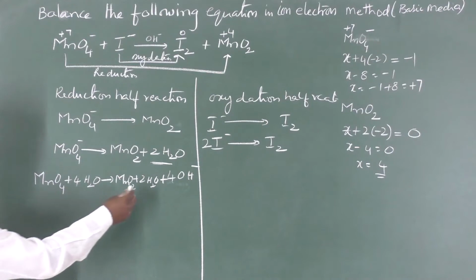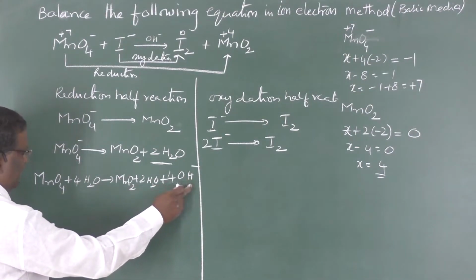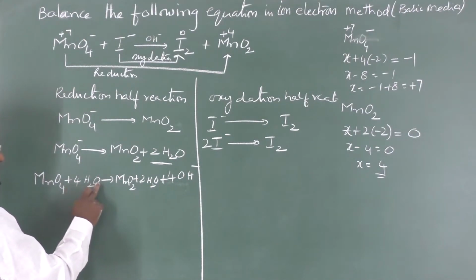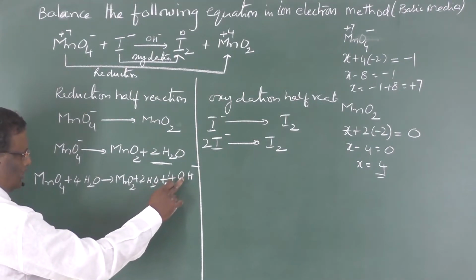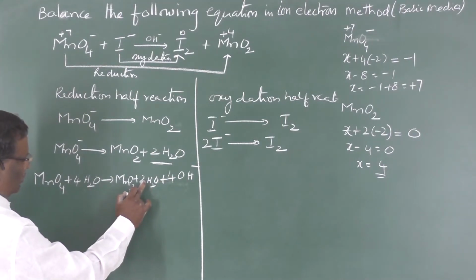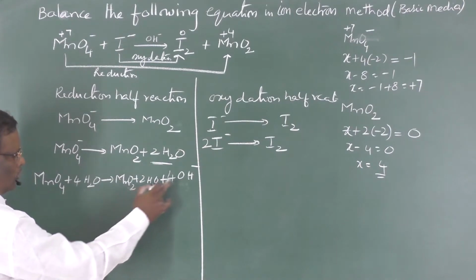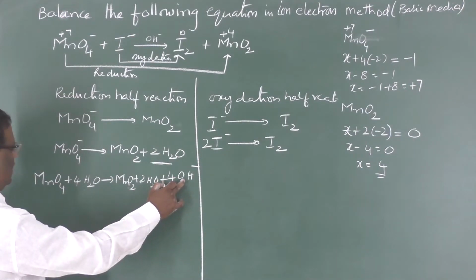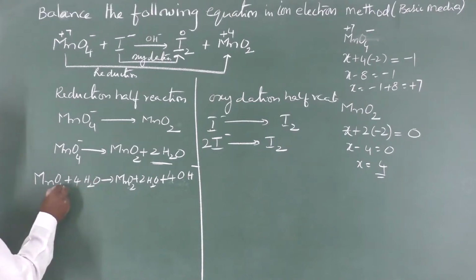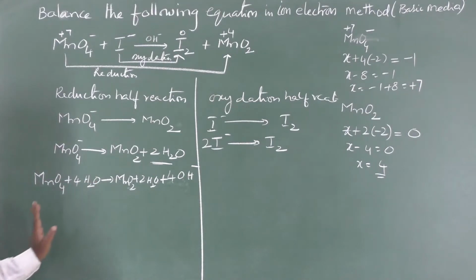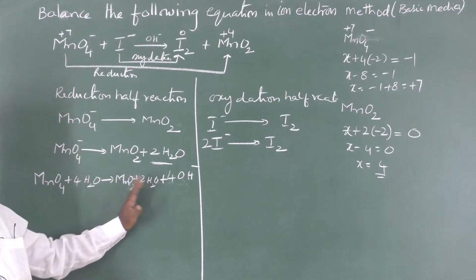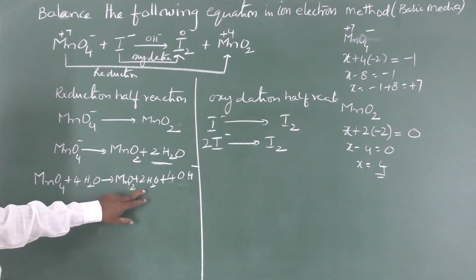So if you observe, 2 twos are 4, 4 plus 4, 8 hydrogens here, 8 hydrogens. Oxygens: 2 plus 2, 4, 4 plus 4, 8. Here, this side 4 oxygens and 4, 8 oxygens. So both oxygens and hydrogens are balanced. Now here similar terms are there.